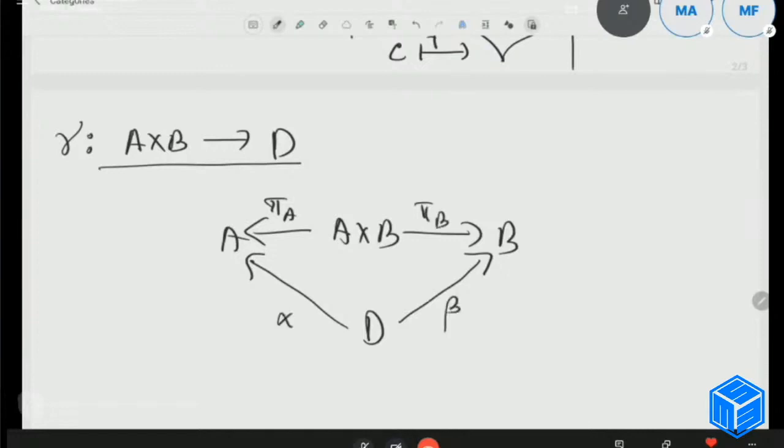Can we construct a map from D to A cross B and backwards? Any ideas? Anybody?